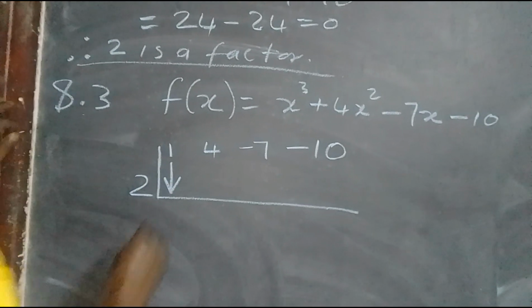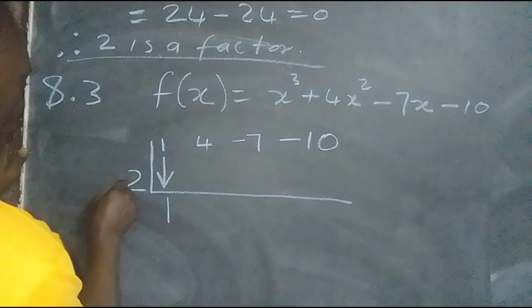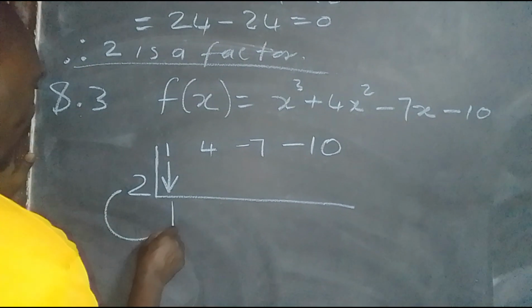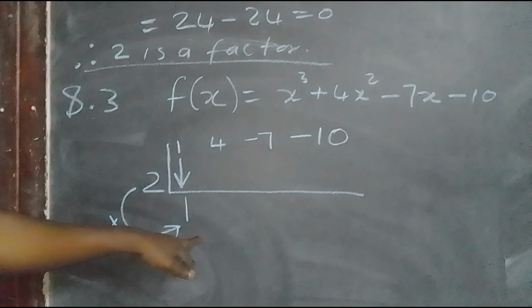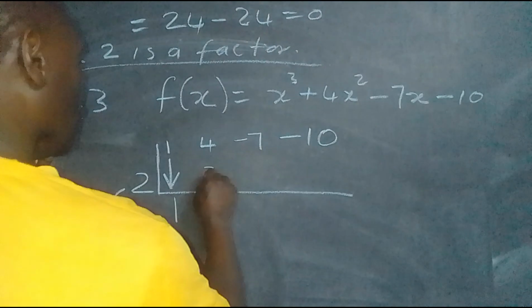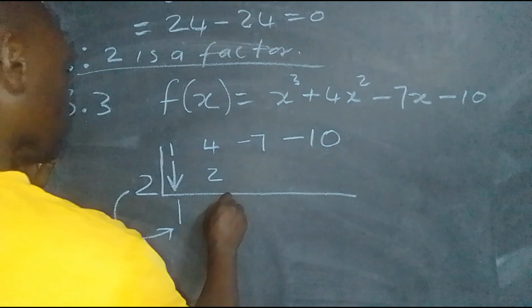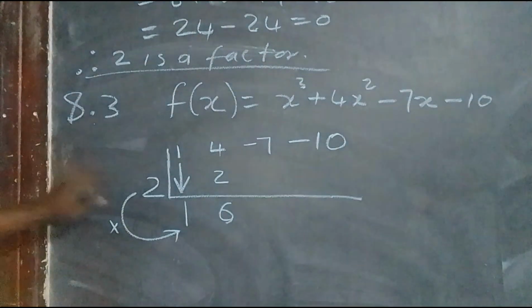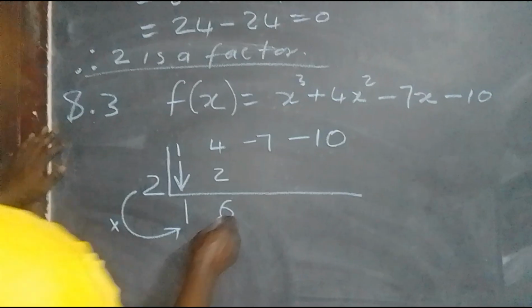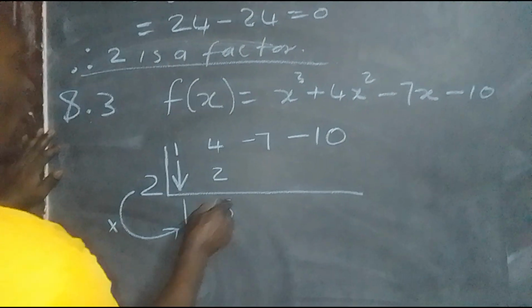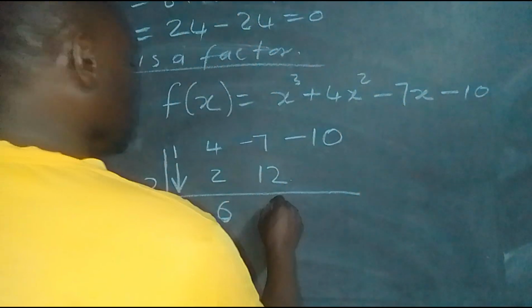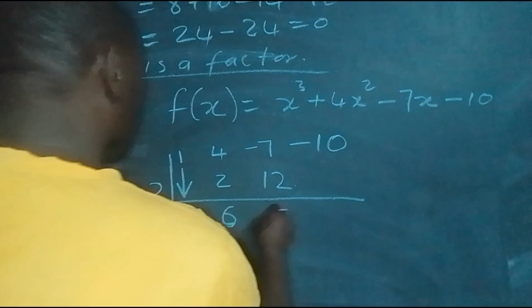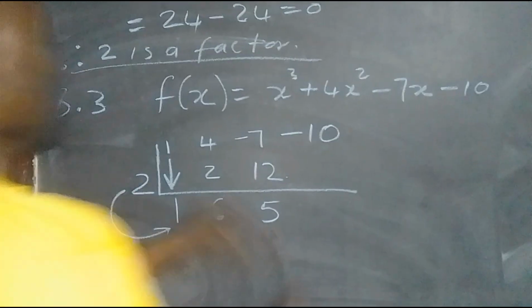Now you take your 1 here, then you multiply. 2 times 1 is 2. 2 plus 4 is 6. You multiply again: 6 times 2 is 12. 12 minus 7 is 5. 2 times 5 is 10.